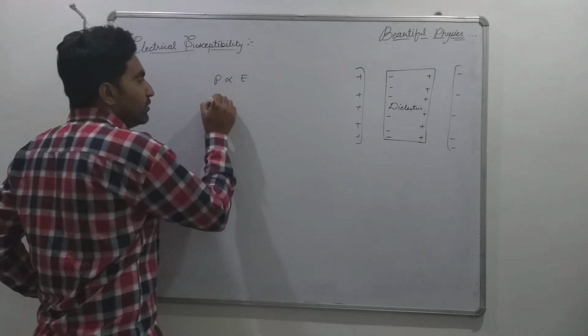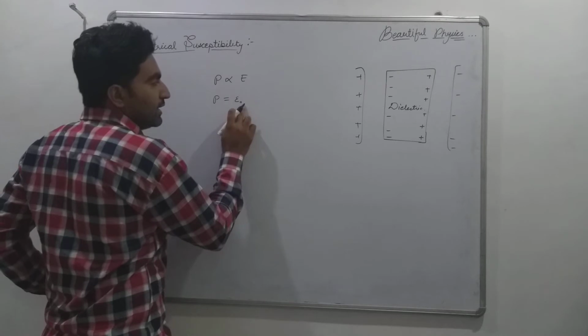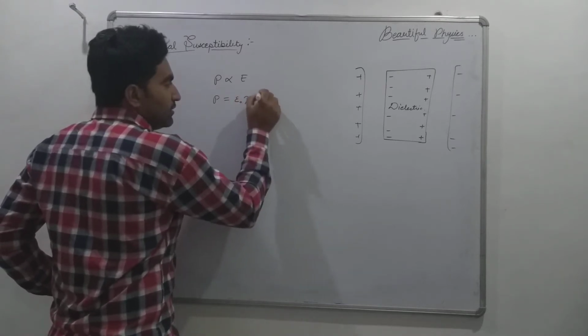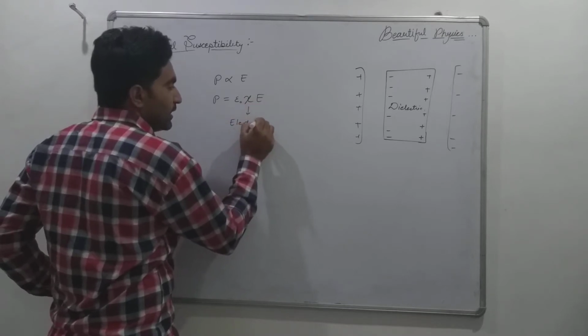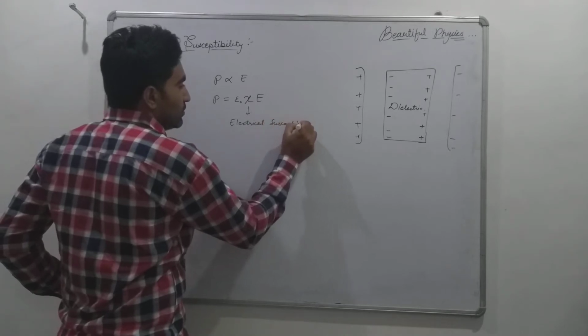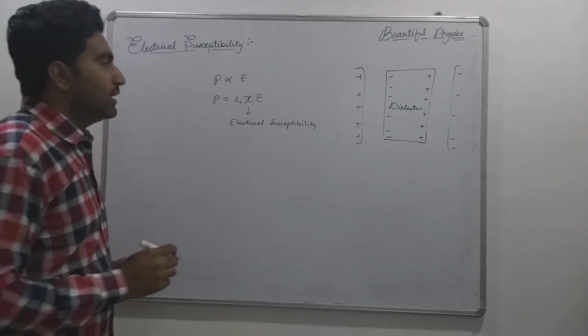When we remove the proportionality symbol, we have two constants. One is epsilon naught, the electrical permittivity, and another is chi, which is known as the electrical susceptibility of the dielectric.